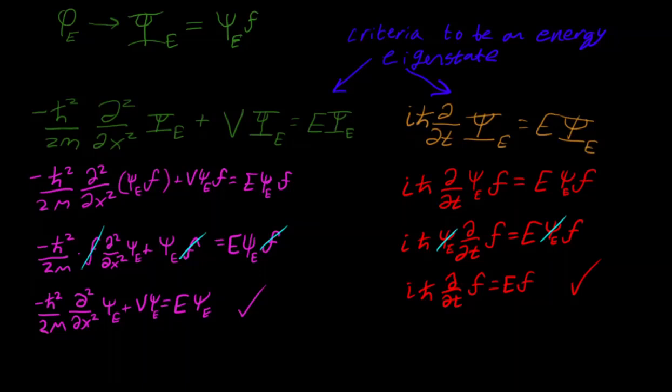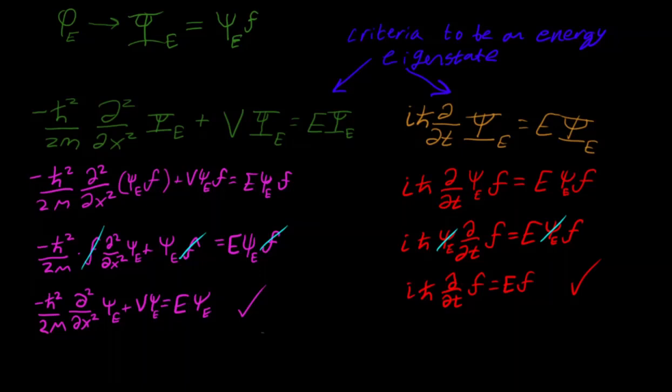We showed that back in section 3. These are the two criteria you have to have, and because of how partial derivatives work, and we can take things out of the partial derivatives, we get back to the equations that defined this psi e and this f. So hopefully you can see that this shows that this capital Psi e are the energy eigenfunctions. So the energy eigenfunctions solve the Schrodinger equation.